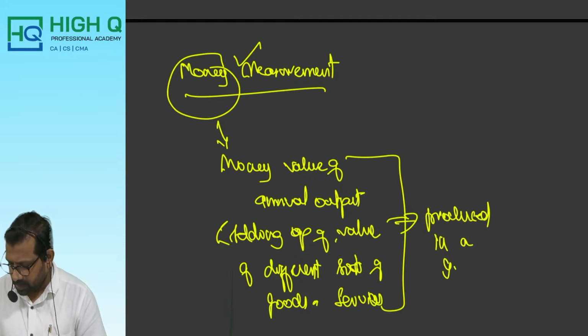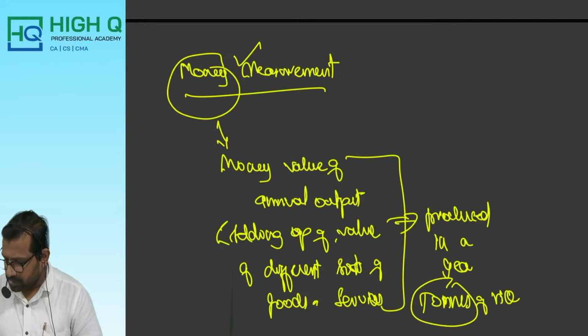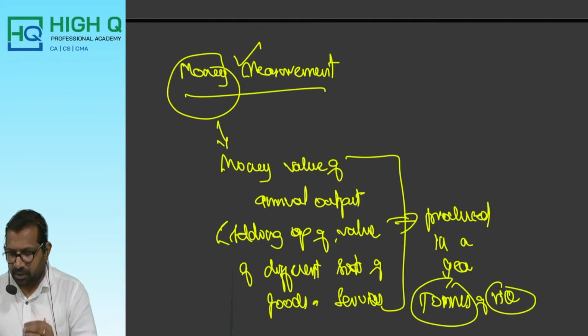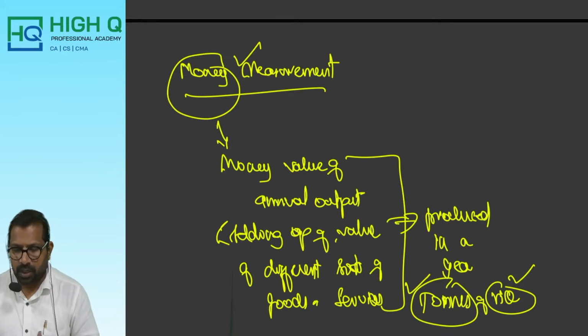Produced in a year. Say for example, tons of rice. So here they express the value of money with regard to the quantity, especially rice, with the help of tons. It is called the money value of annual output for the different sorts of goods and services.